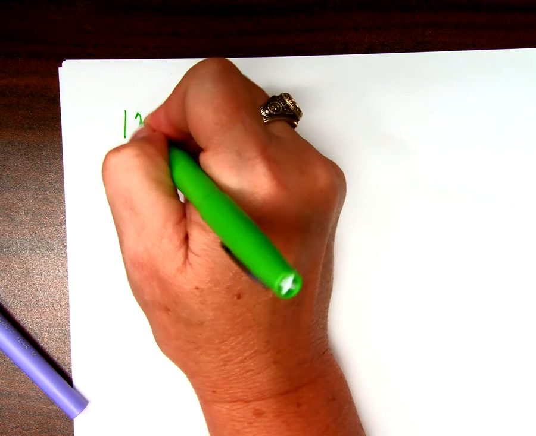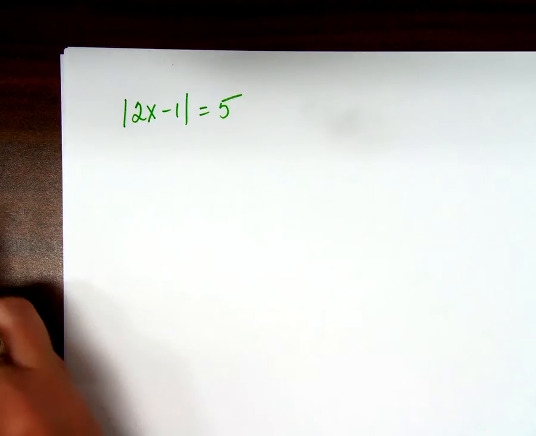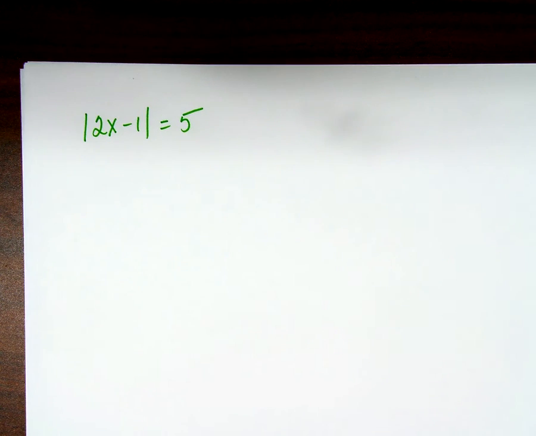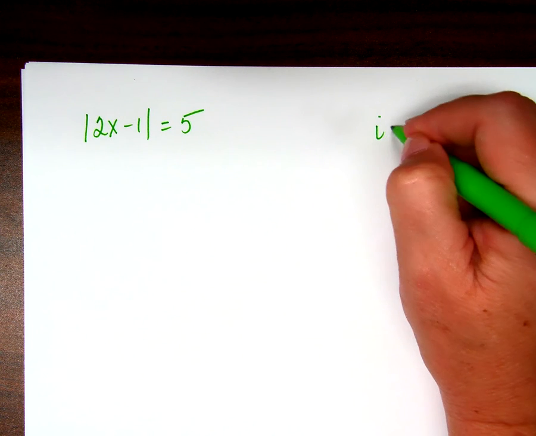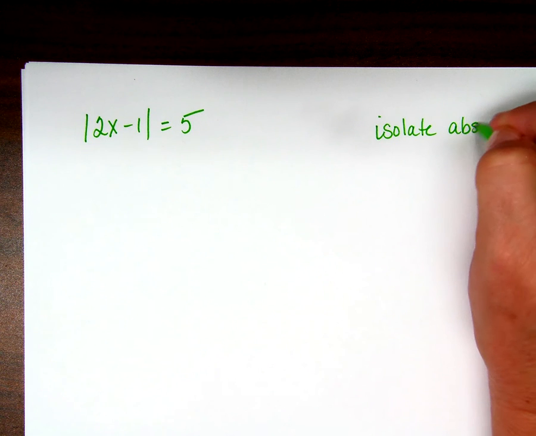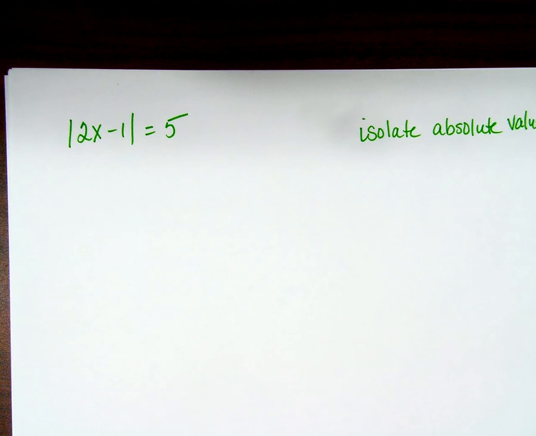So, for example, if we have absolute value of 2x minus 1 equals 5, our typical steps when we solve absolute value problems, our first step is to isolate the absolute value. Okay? Our first step is to isolate the absolute value.